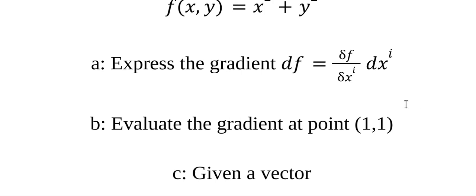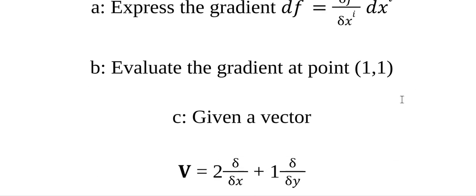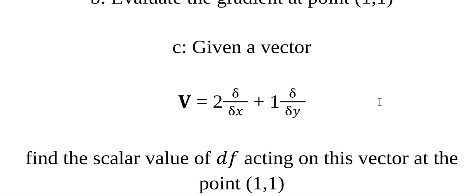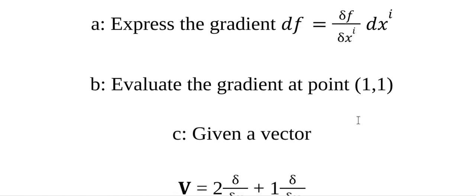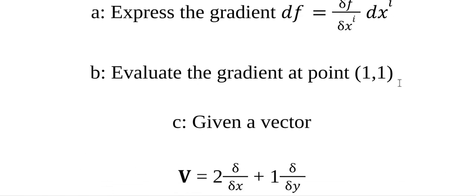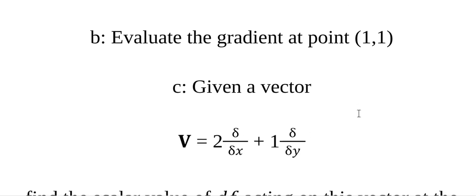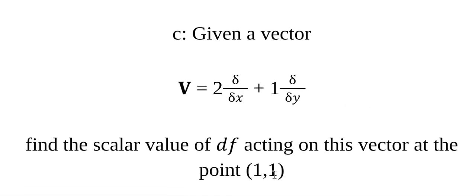Now, given this vector, so these are its components, these are its basis vectors written in the format of differential geometry, find the scalar value of df acting on this vector. So what you found acts on this vector at that point (1, 1), and it's going to give a scalar.